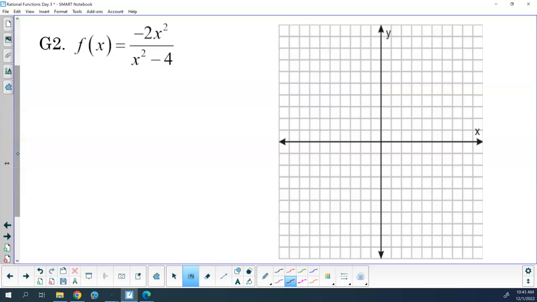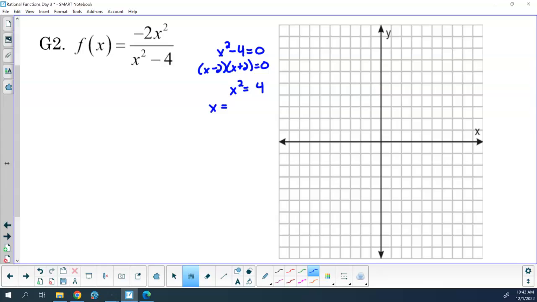According to our supplemental note sheet, step number 1 says we have to find the domain. So I set the denominator equal to 0, and I can factor that. Or I could make it x squared equals 4, and then take the square root of both sides.